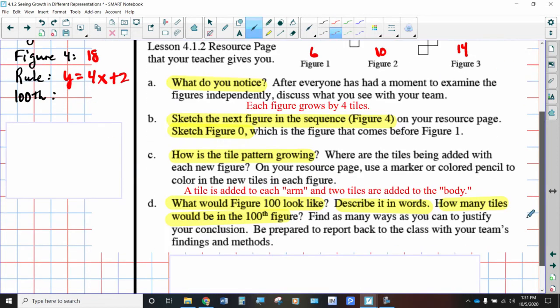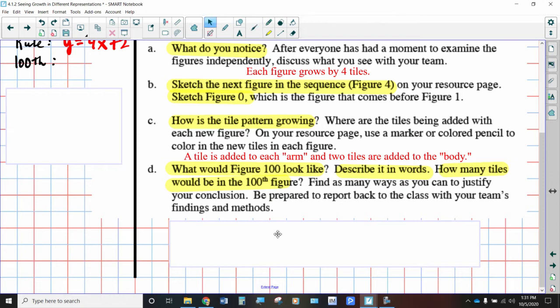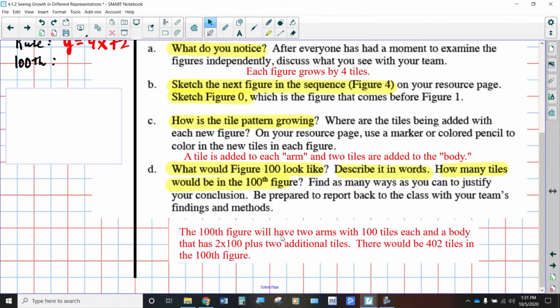So with that being the case, how would we describe the 100th figure? Well, each arm is going to have 100 tiles in it, right? You'll have 2 arms with 100 tiles in each. That would be 2 times 100 for 200 tiles. And the body is going to have 2 times 100 plus an additional 2 tiles.